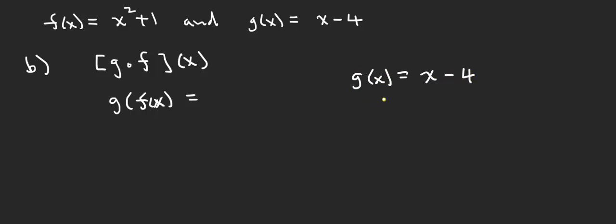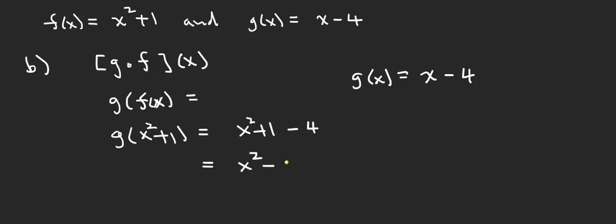So instead of x, we're going to substitute x squared plus 1, because we need to find g of x squared plus 1. So we end up getting x squared plus 1 minus 4, which is going to be x squared minus 3. And that's g of f of x.